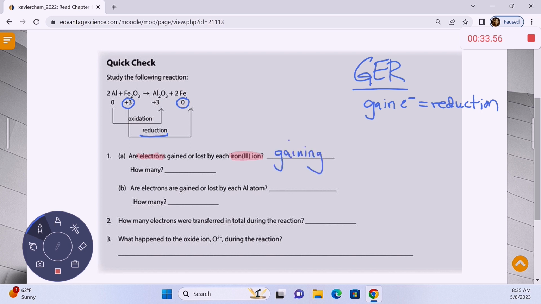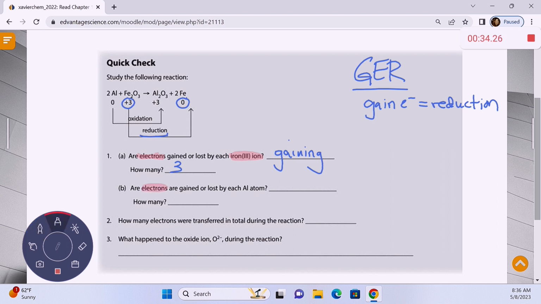Because when you undergo a reduction, meaning your oxidation number is being reduced, it's going down. So if I'm going from a +3 to a 0, how many electrons do you think are being gained? 3, okay? So I'm going to put 3.